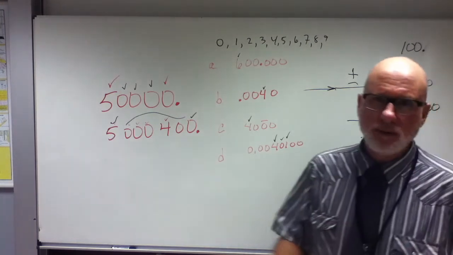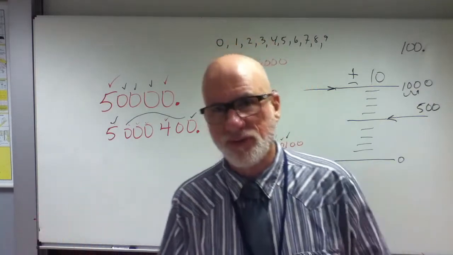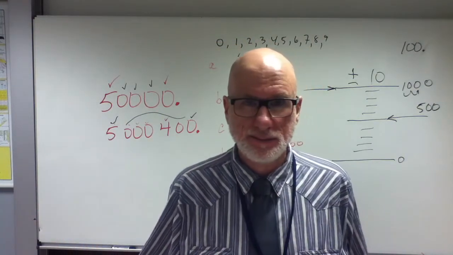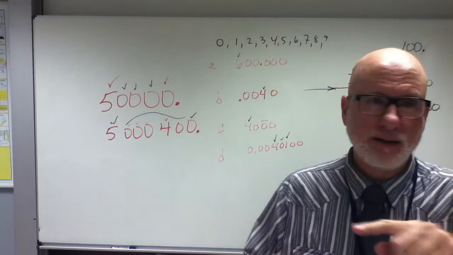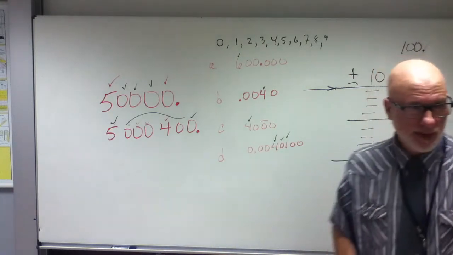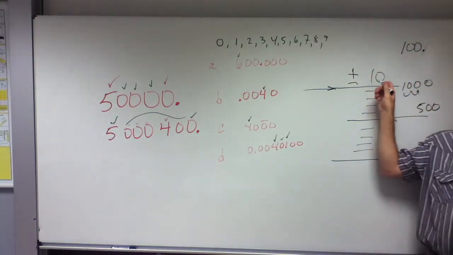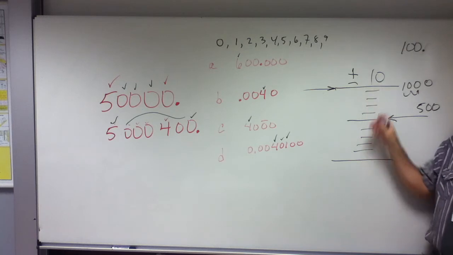If you don't like to say, well, what's the function of the zero, does it have a function, okay, that's fine. But what you can say is, precision is tens. This is thousands.